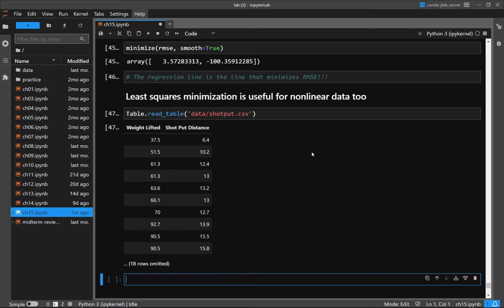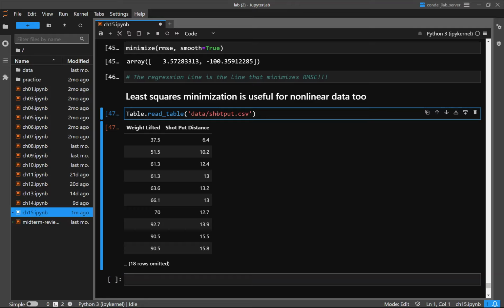So here is the weight that a person could lift, like their maximum that they could do 5 reps on or something. And then here's the distance that they could throw the shot put ball. And if we scatter plot that, we'll notice that it's a non-linear trend.